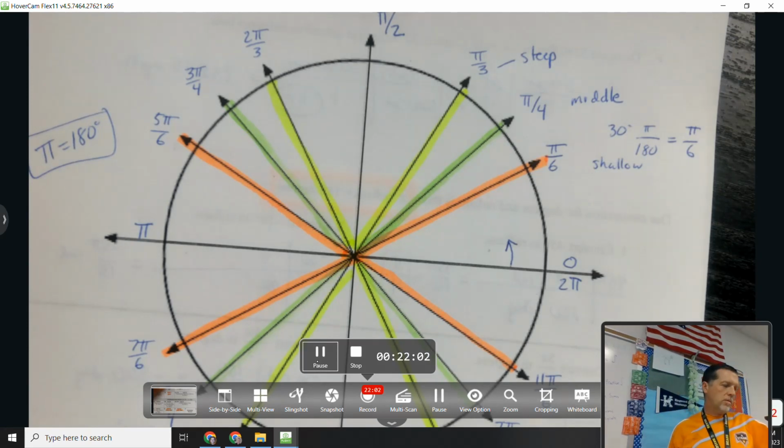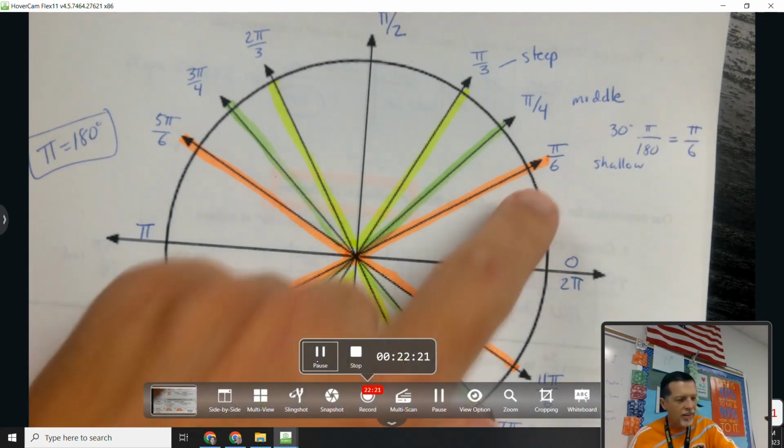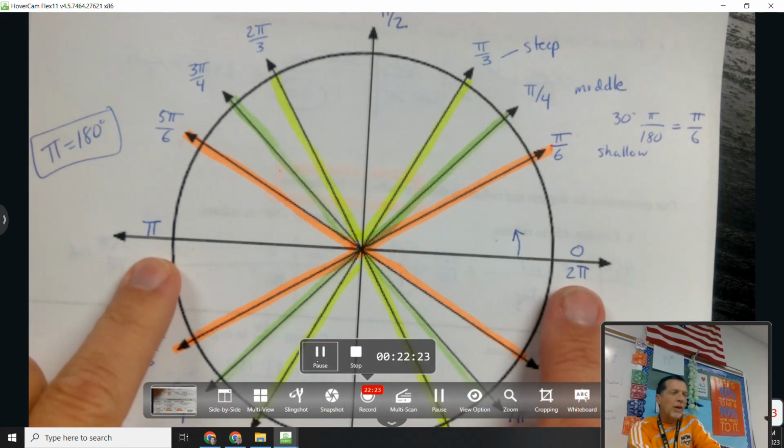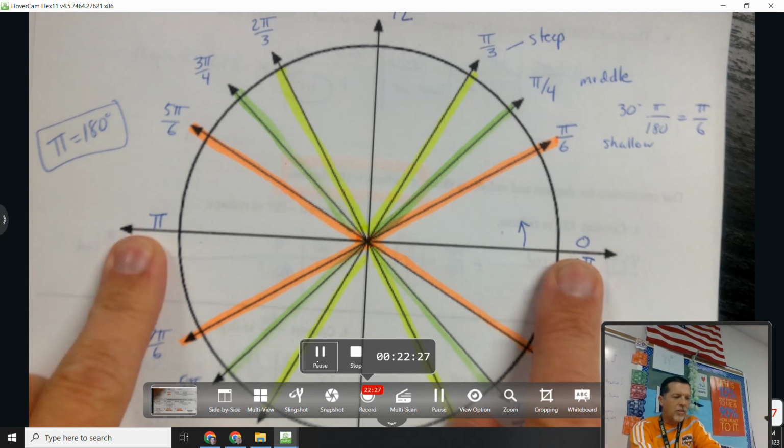Especially when we get to sines and cosines, you'll start to notice lots of different things. For now, I don't know that I would say memorize that. You're going to become so familiar with it that it doesn't take memorizing. Plus, it's easy enough to fill it out just like we did. As long as you know that pi is 180, you can fill that in, and after that, you can just figure it out.